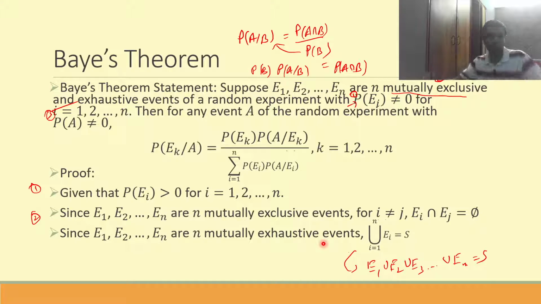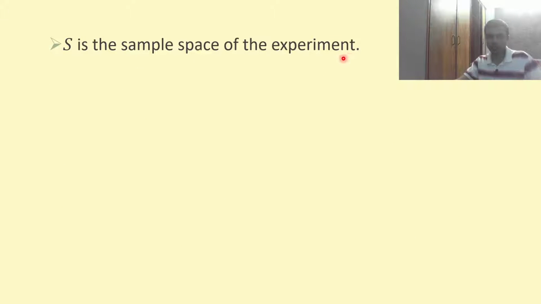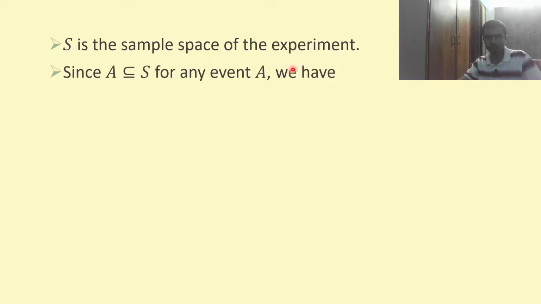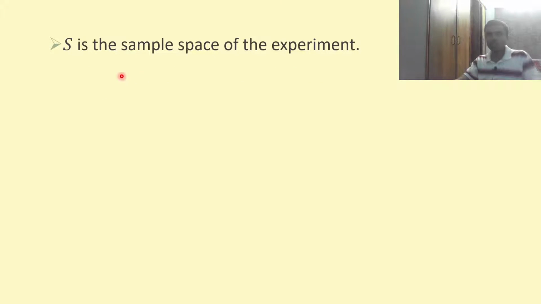Now next, let's get started. Till now I used whatever was given. Now from here on we are going to do something else. S is the sample space of the experiment, I already told you. Now listen carefully. Sample space contains all the possible outcomes of an experiment.